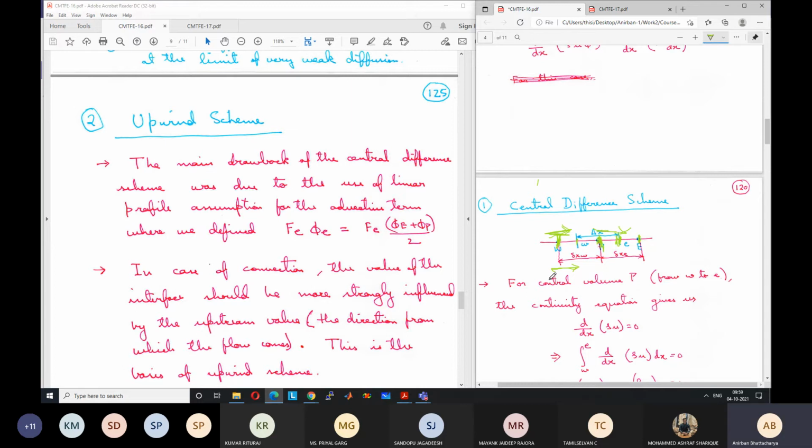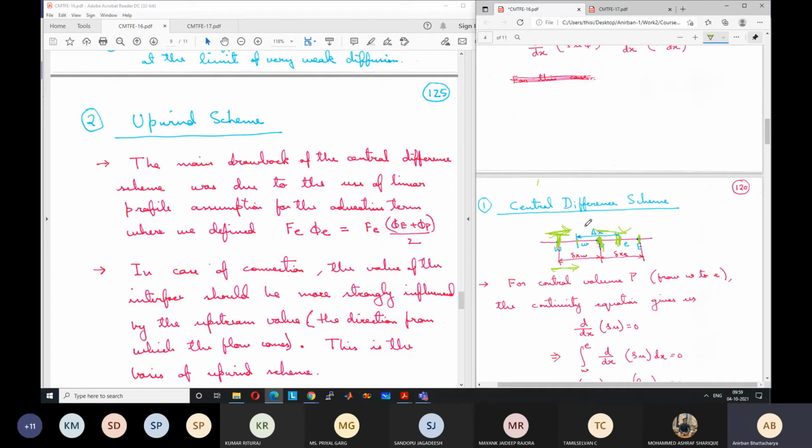So we will assume that the interface is affected entirely by the upstream side point, and there is no effect of the downstream side point, as if there is a strong flow.